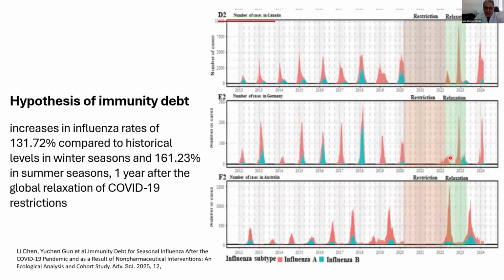A recent study confirmed the hypothesis, demonstrating an increase of influenza rates of more than 100 to 30% and 100 to 60% compared to historical levels in winter and summer seasons 1 year after the global relaxation of COVID-19 restrictions. But you can see that this is the number in Canada. Therefore, we expect an increase in the incidence of different viral infections and probably more severe symptoms and long-lasting symptoms.